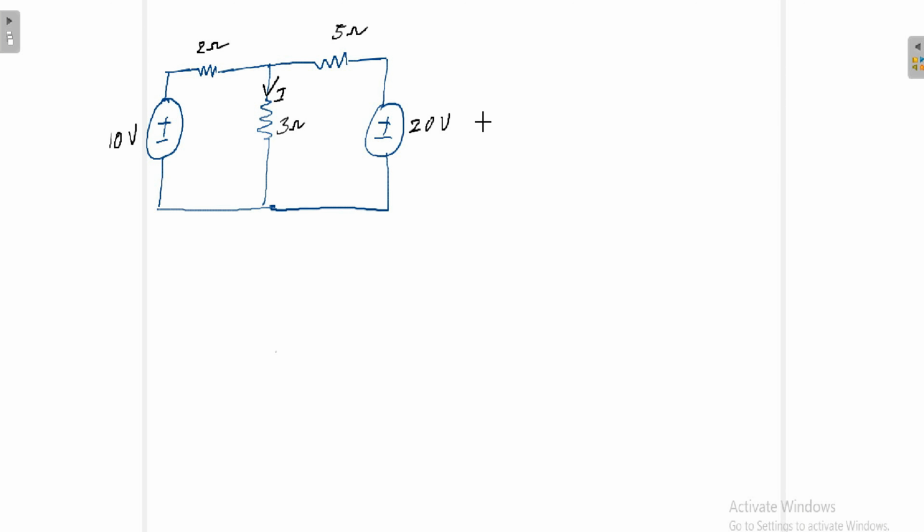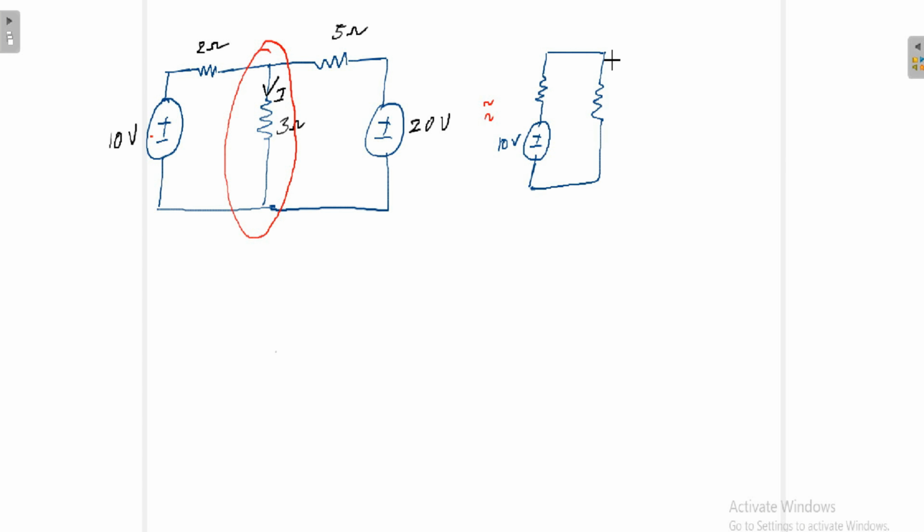If you observe, except this branch, the voltage sources are in series with resistances, so you can draw the circuit like this also: a resistance with plus or minus 10 volts, here a resistance, here one more resistance with plus or minus 20 volts.